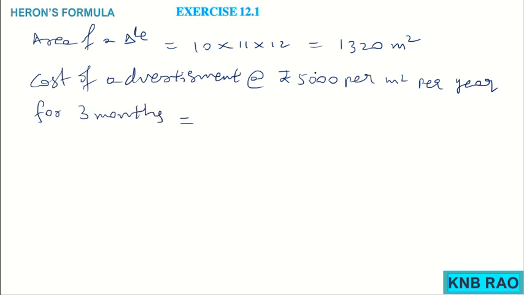See here, for 1 meter square 5,000, but for 1,320 meter square these two products to be taken.